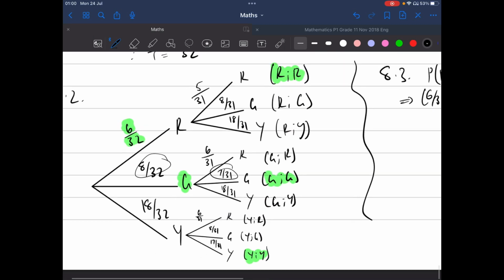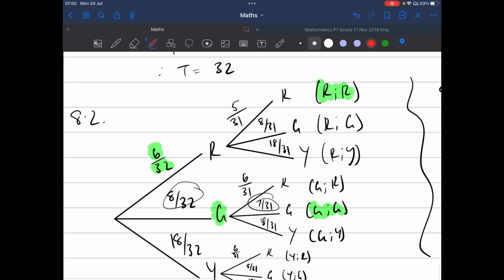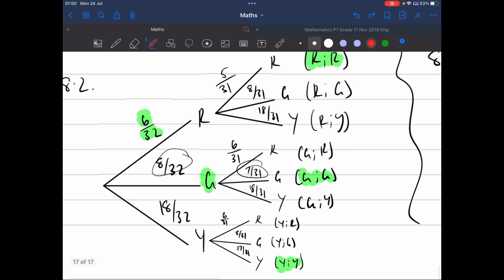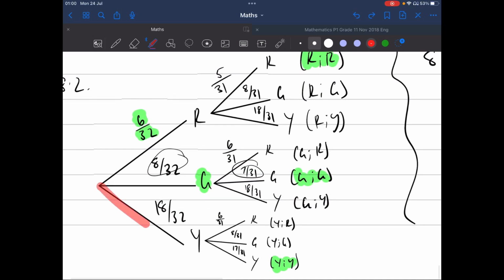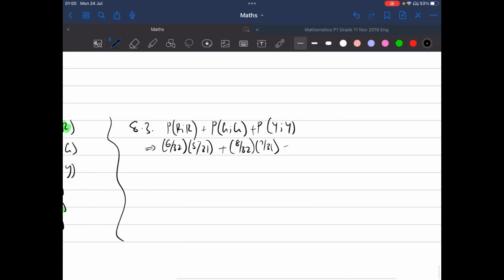And the way I'm getting these values is just by following the branches, right? So here's red and red, so I took these two. Let's look for green and green. I took this branch, that branch, and I just multiplied those two together. Now for the yellow one, I'm going to take that branch and that branch, so it's 18 over 32 times 17 over 31.